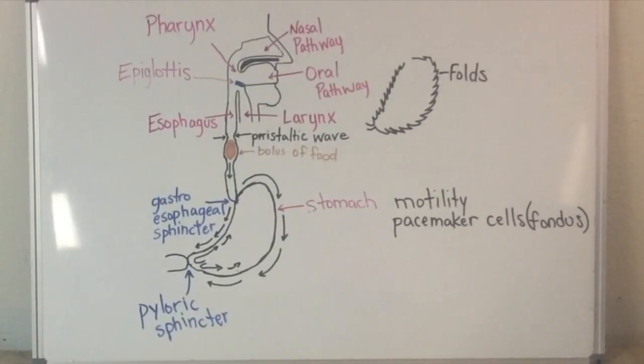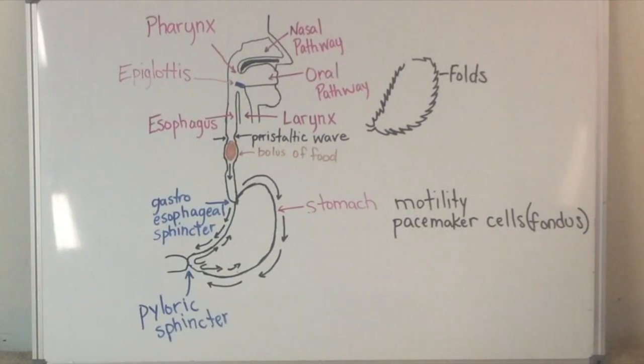With each wave, only a few milliliters are able to move through the pyloric sphincter. The remainder is pushed back upwards into the antrum, causing further mixing of the chyme within the stomach. The chyme will remain in this location until the next wave of contraction moves through the stomach.